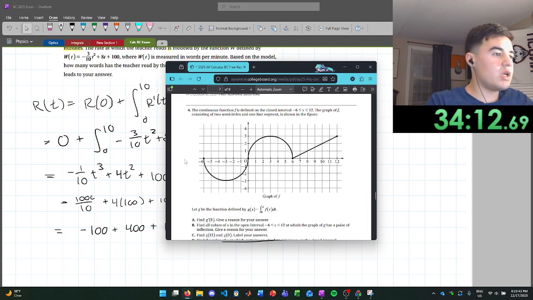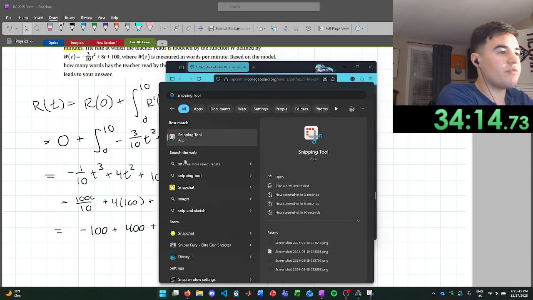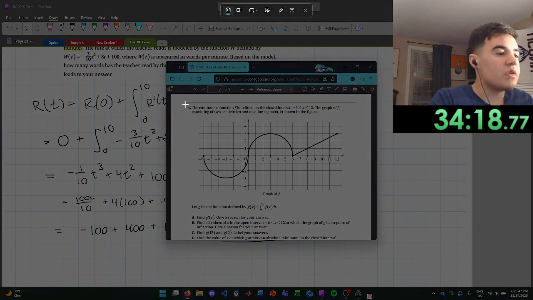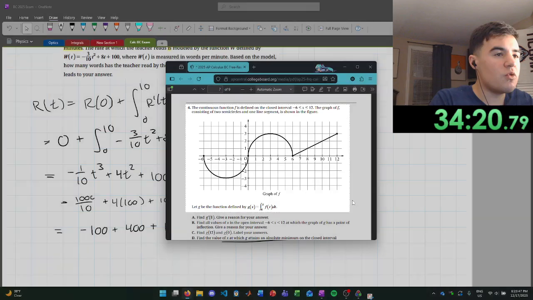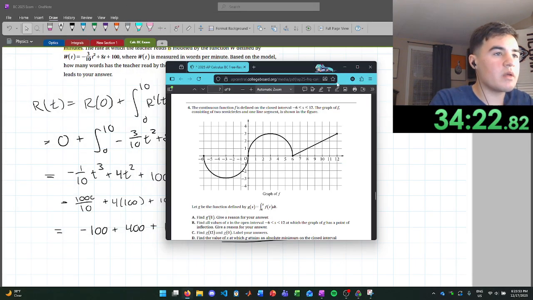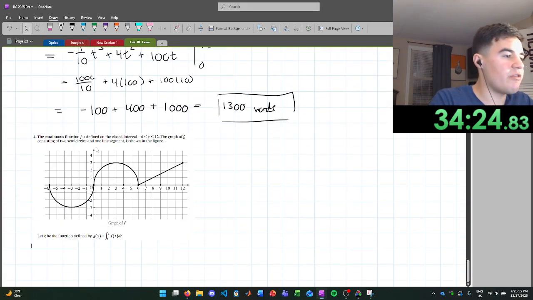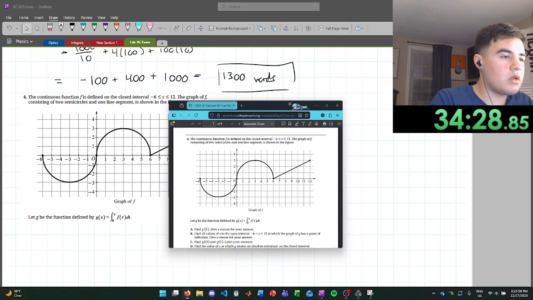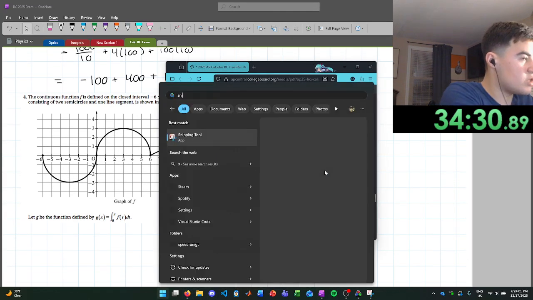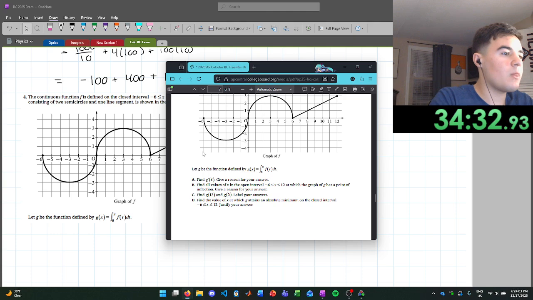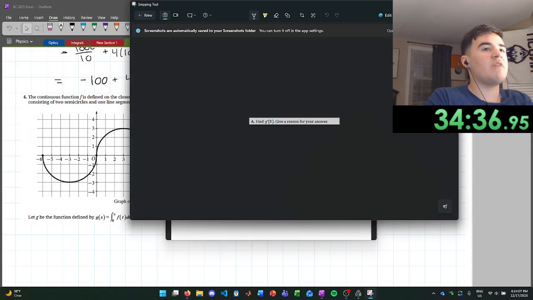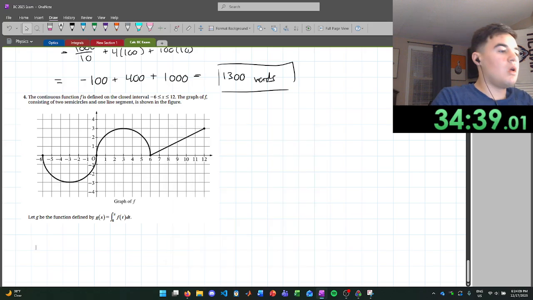Next question. Question 4, where we have this continuous function, which is cool. I like cool shapes, which never appear in the real world, but we learn about them. And the next question is for A here, which is just find g prime of 8, give a reason for your answer.